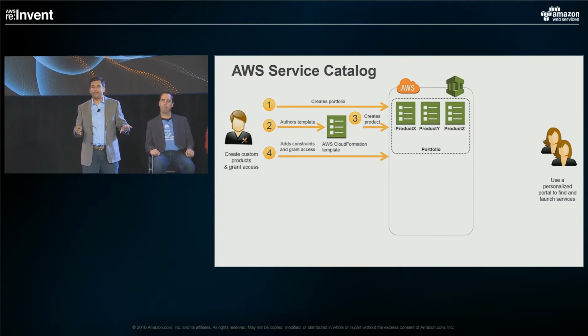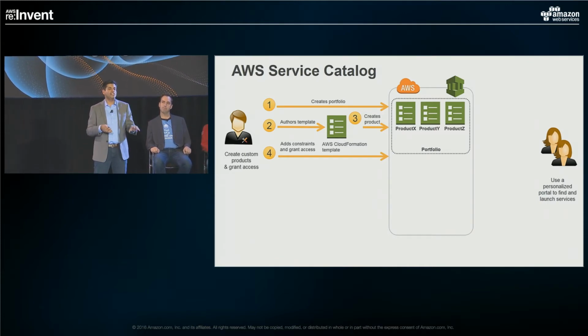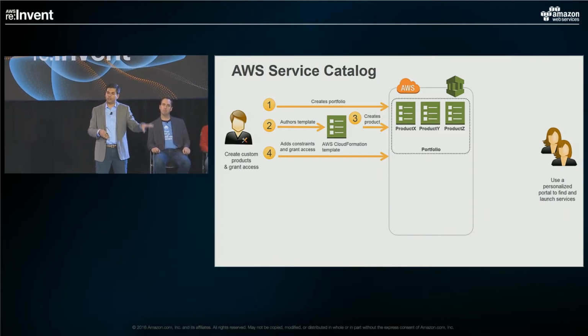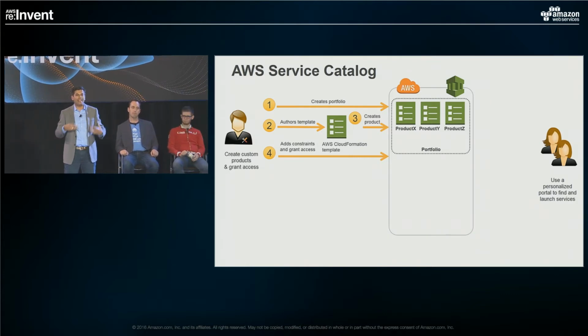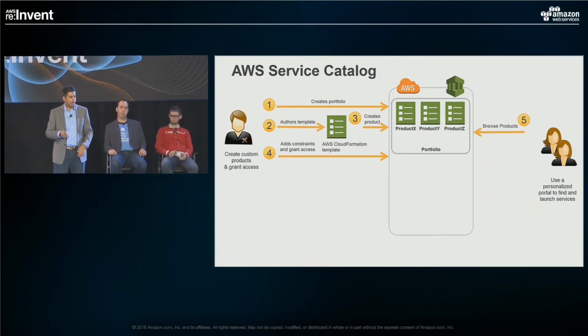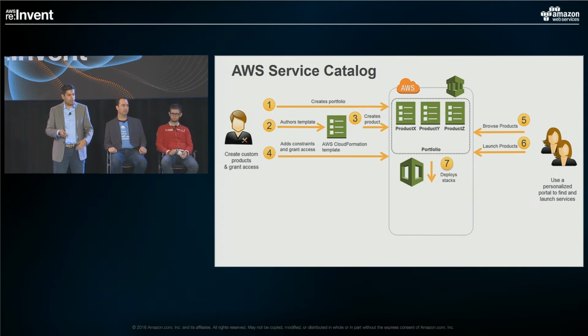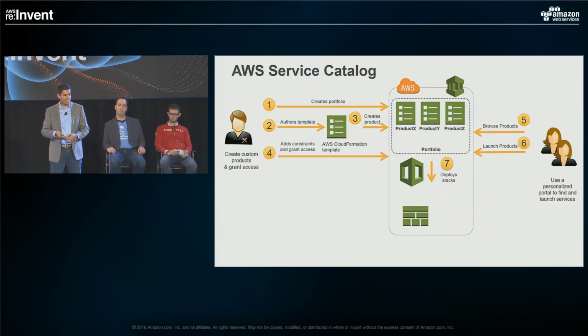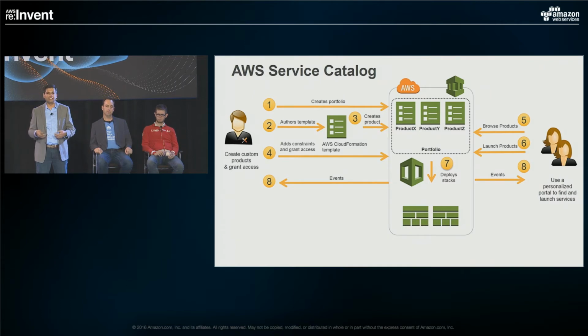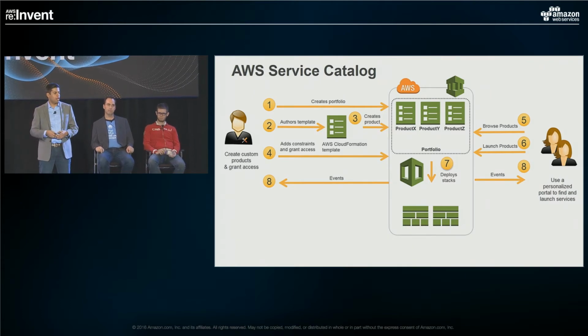Now, the thing to note here is that Daisy does not need to have access to those permissions. Service Catalog maintains that. And once these products are available, Daisy browses them, selects them, and launches them on her own. And both Adam and Daisy get notified as these products get provisioned.